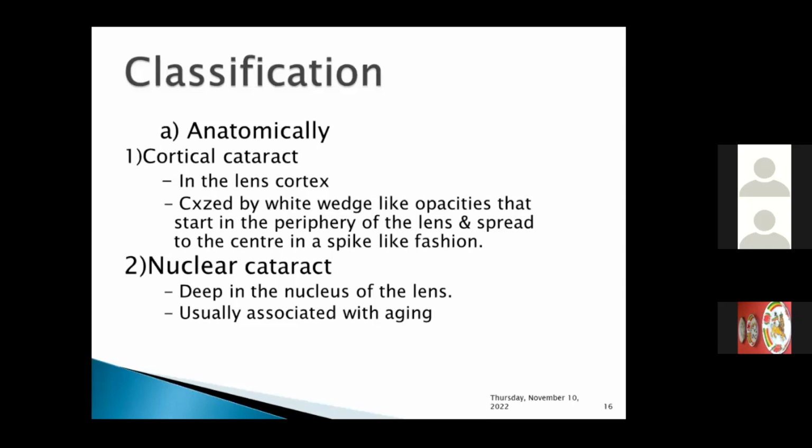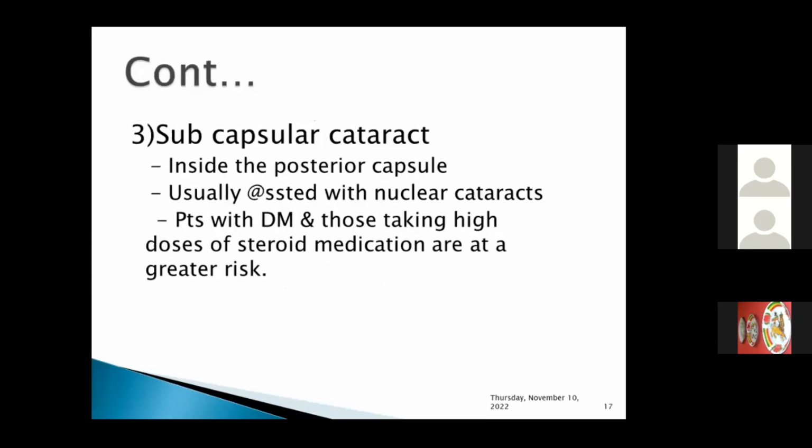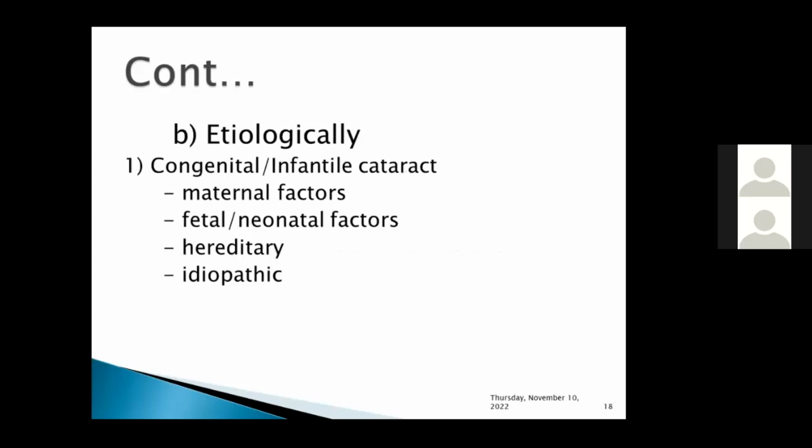The outermost layer of the lens is the capsule, and especially the posterior capsule usually gets opacified. This is sometimes associated with nuclear cataract, and usually with patients who have diabetes mellitus and who, for different reasons, are taking high doses of steroids. Etiologically, there is congenital or infantile cataract.